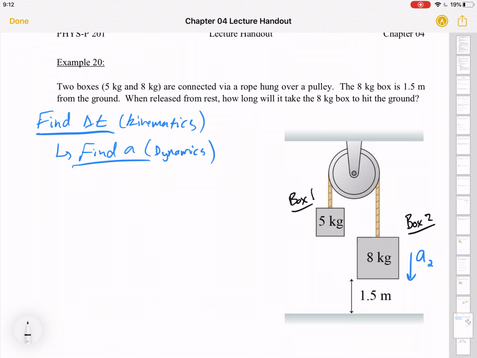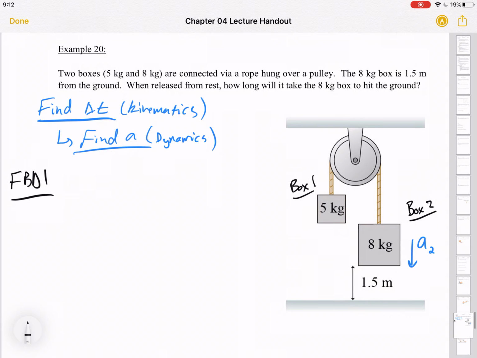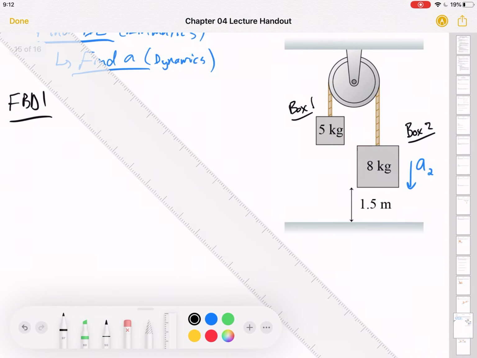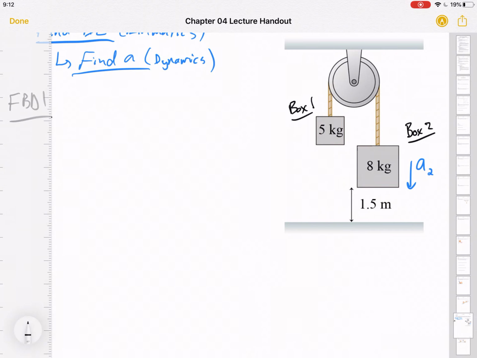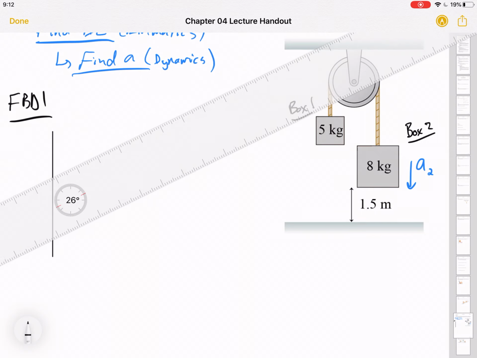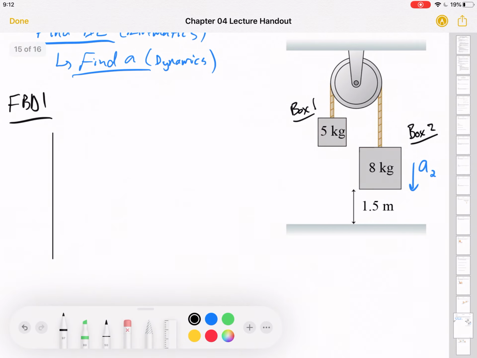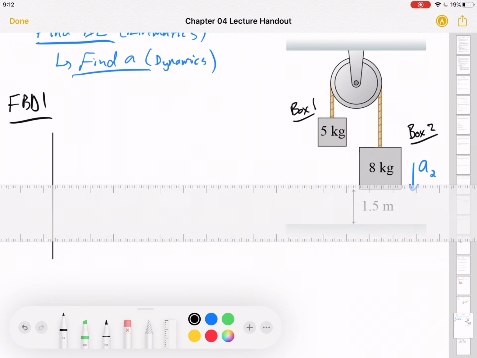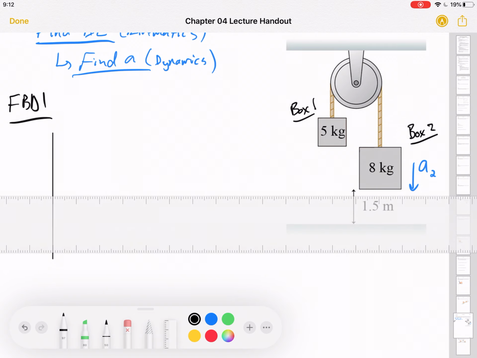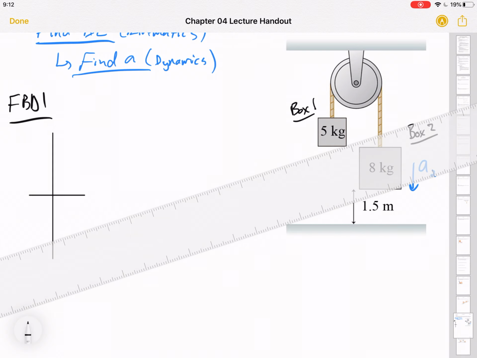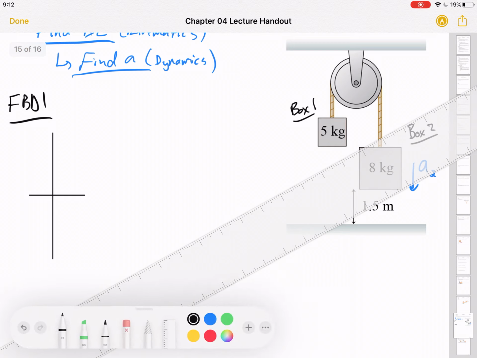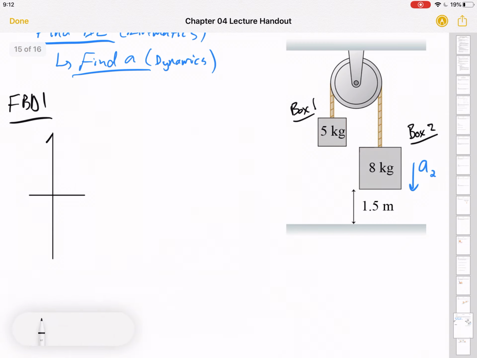So let's draw a free body diagram for block 1. I'll draw our vertical line and my horizontal line. Now in the x direction for this block, there's not much going on, but I'm still going to draw it so that I know where the origin is.